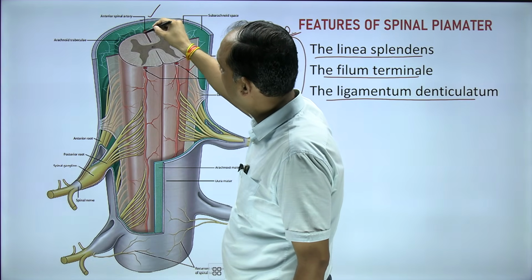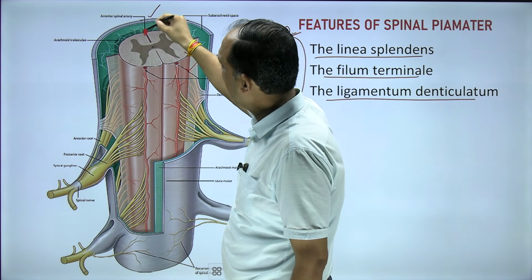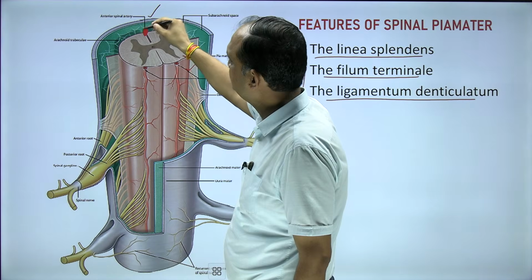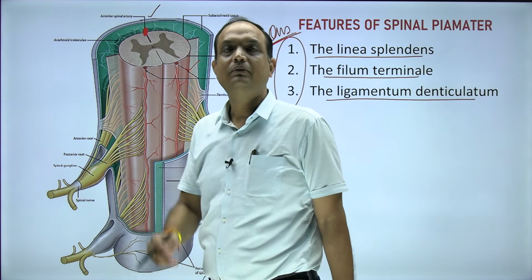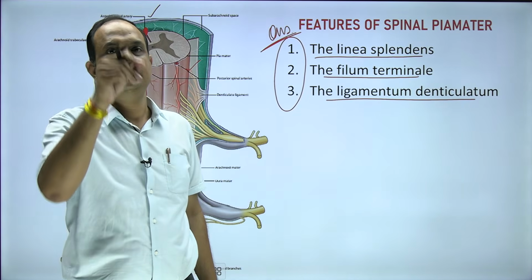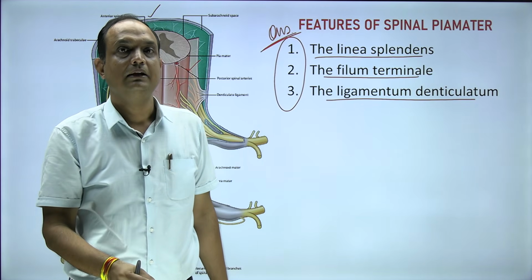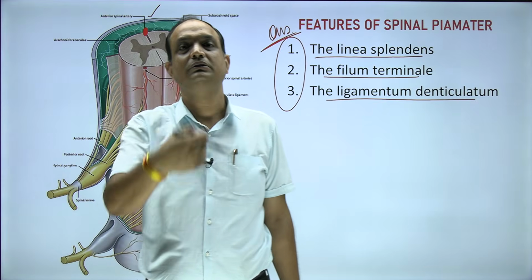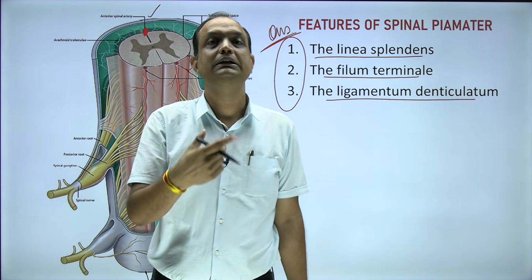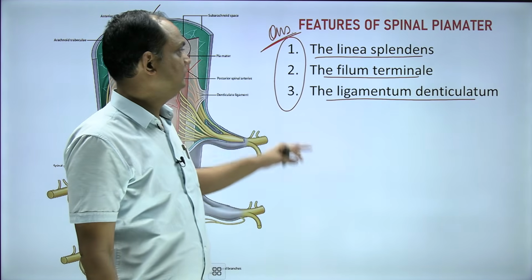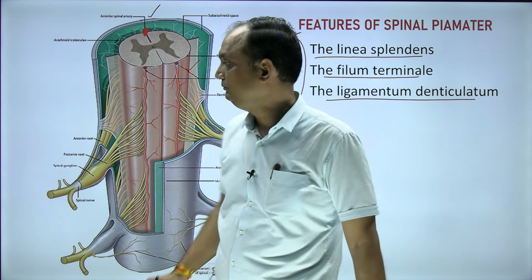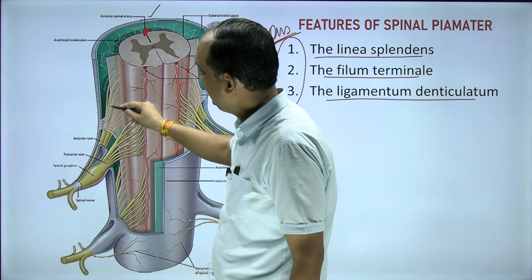Now anteriorly here in the midline you have the anterior spinal artery. And when you dissect around the anterior spinal artery, you will find a ridge-like thickening. That ridge-like thickening which runs anteriorly is linea splendens. Now what is ligamentum denticulatum? Ligamentum denticulatum are the lateral extensions.